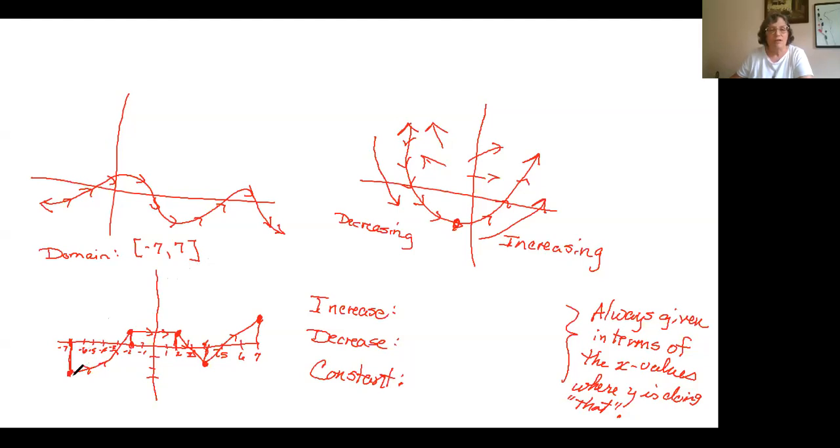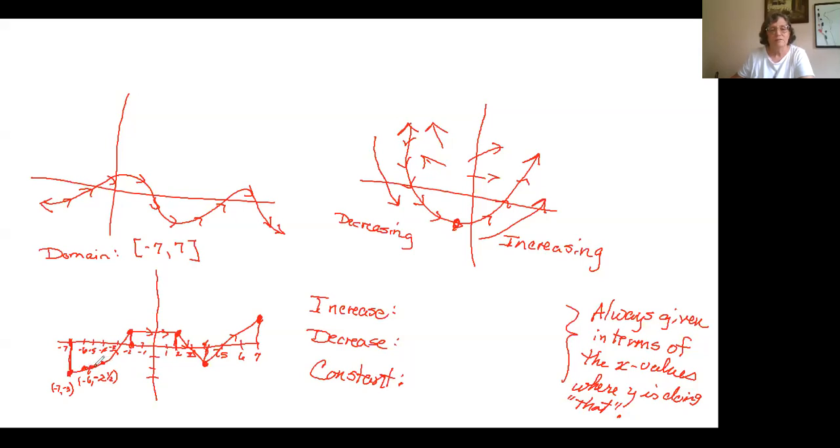If I were to give the points here, so this is -7, -3, this is -6, I don't know, 6.5, 3.5, 2.5, -2.5 here. This one's -5, -2, -4, 2.